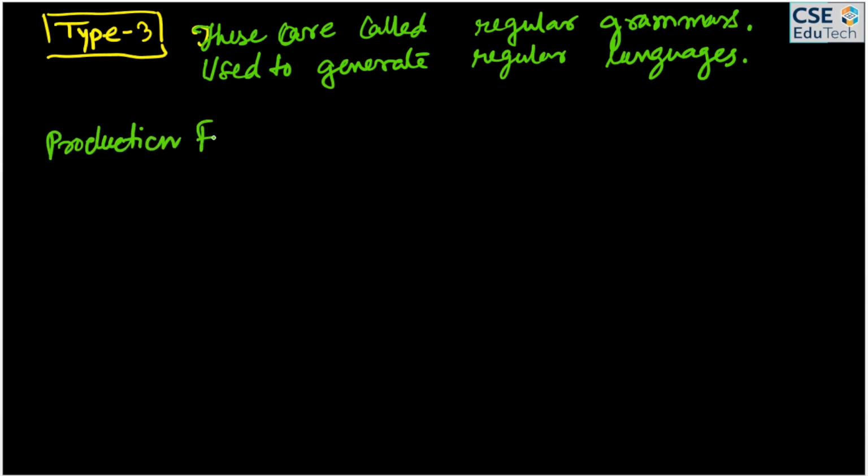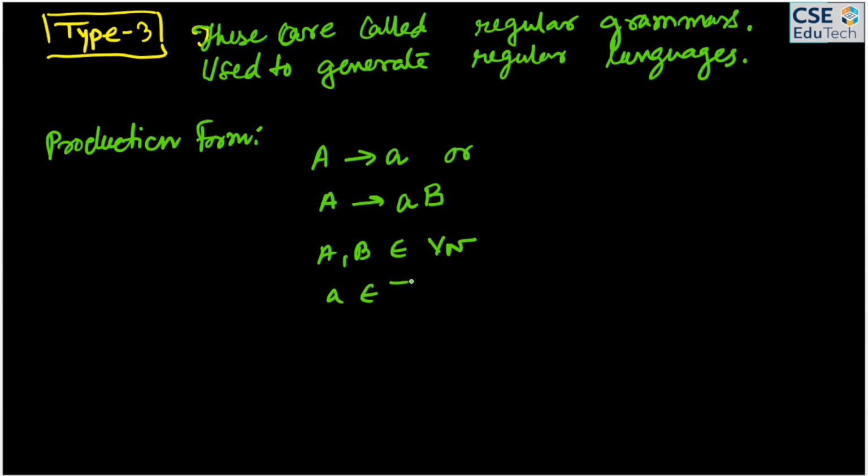The production form is of the form A to small a, that is my terminal, or A to terminal then variable, where A and B belong to non-terminal and a belongs to sigma star, that means terminal star.